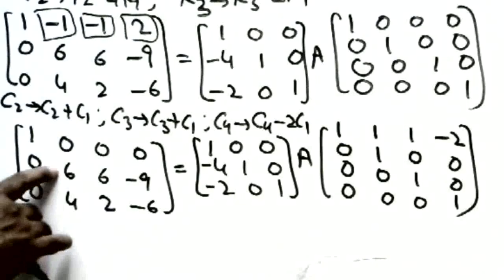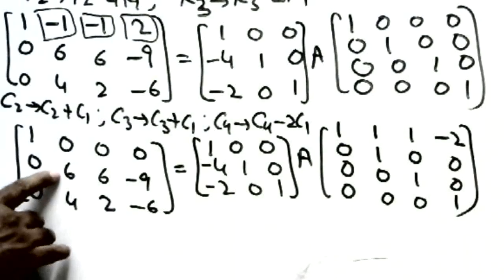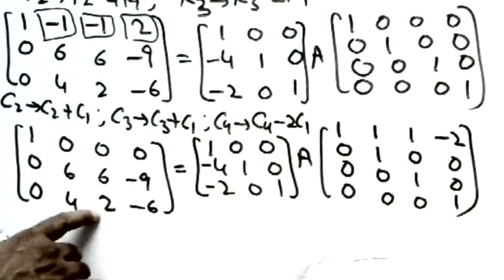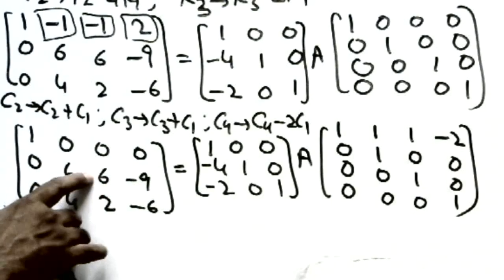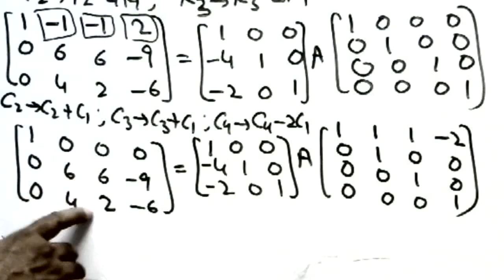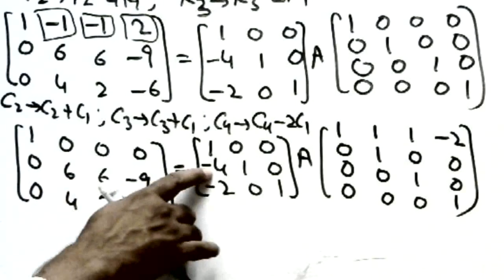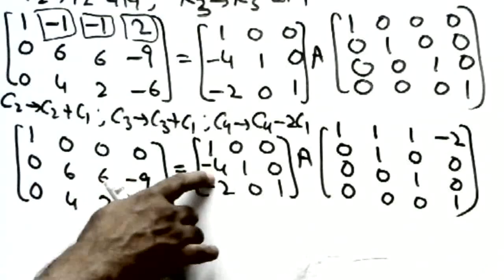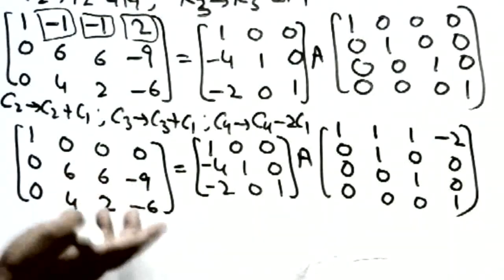Now let me go here. Okay, watch carefully. Here we can take a maximum of 3 common here and 2 common here. If we want we can take common also, it will become easier. But if we take common here, you'll get fractions here, and here also you may get fractions.